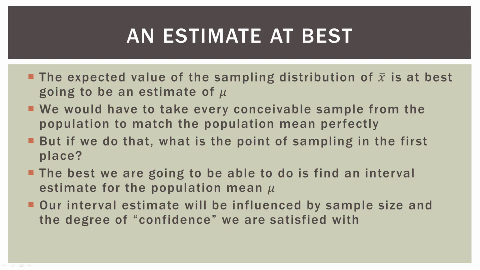Okay? So it is influenced by sample size and the degree of confidence we are satisfied with. So if we want to be very, very confident, then the range of errors is going to be different than if we're willing to be a little bit less confident. And we'll talk about that in future videos.